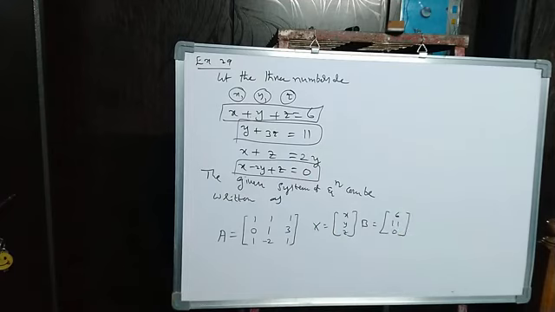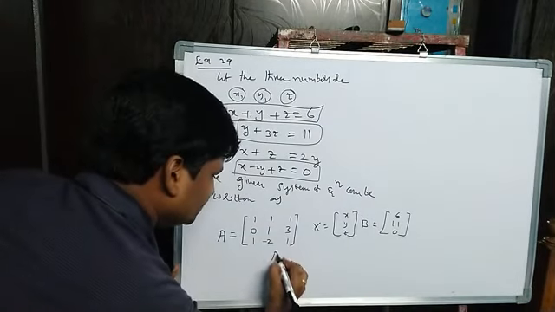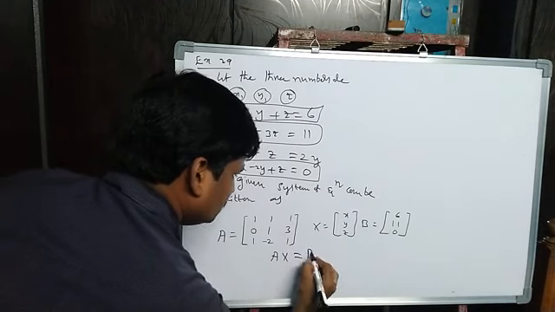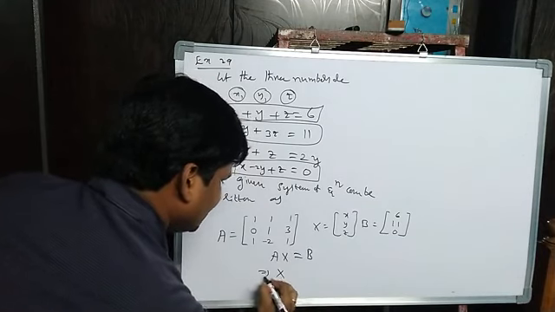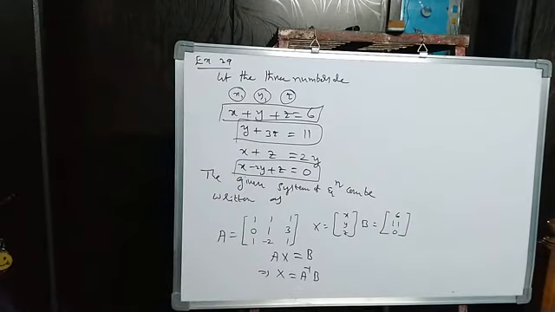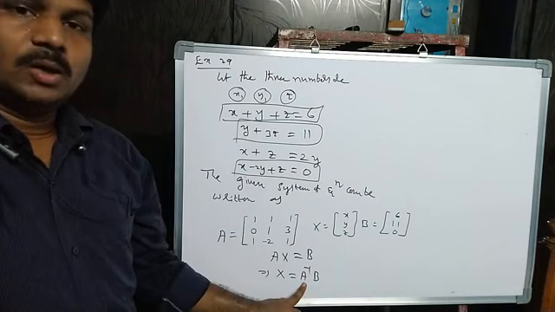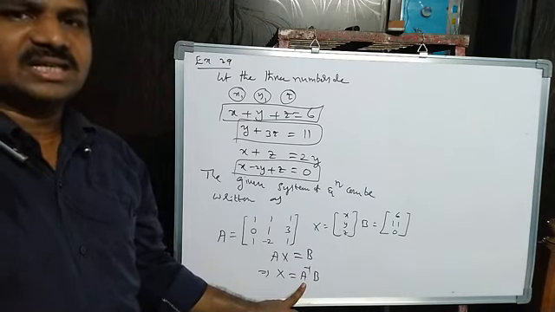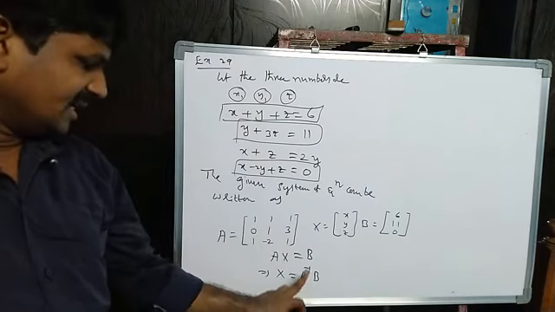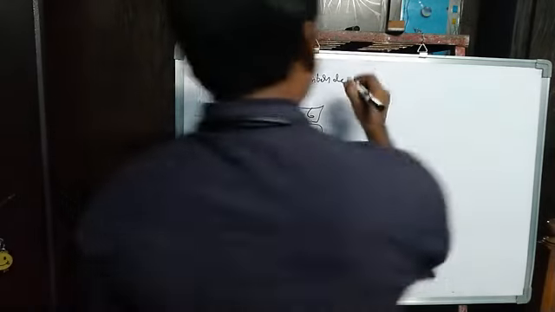So it is a system of equations, and we can write it as AX is equal to B. That implies X is equal to A inverse into B. Now what we have to find here? A inverse. To find A inverse, we don't know whether A inverse exists or not. So to check that, what do we have to find? The determinant of A.